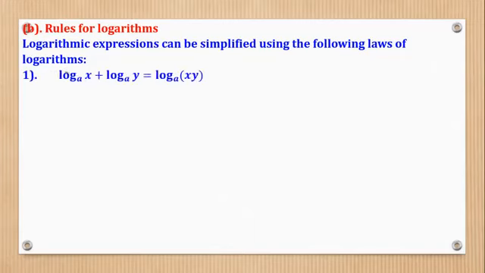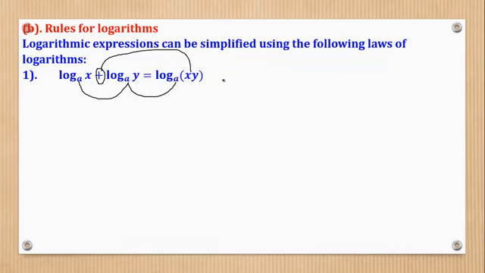So one is that the logarithm of x base a plus the logarithm of y base a is equal to the logarithm of x times y base a. What do you realize here? One is that both logarithms have the same base, and two is that there was an addition here which is now replaced by a multiplication, but the base has remained the same.